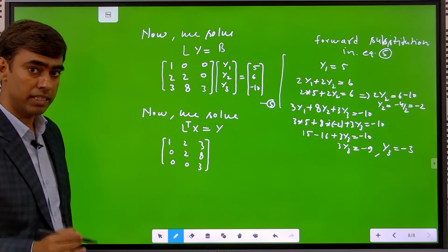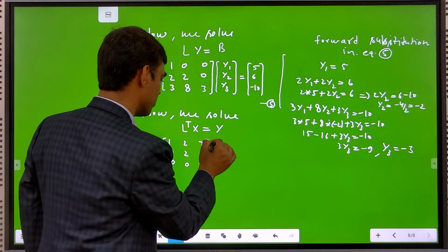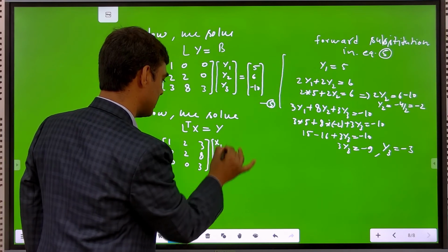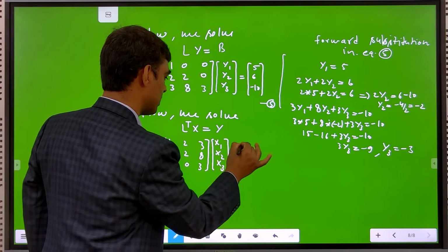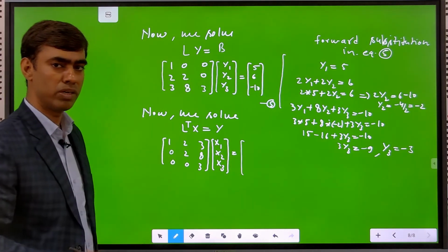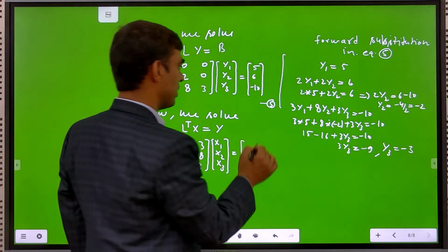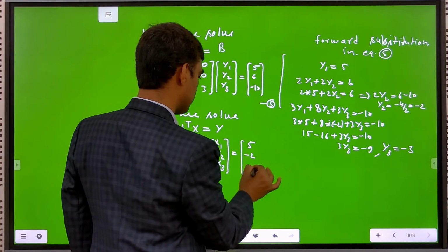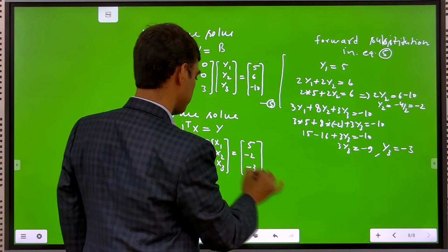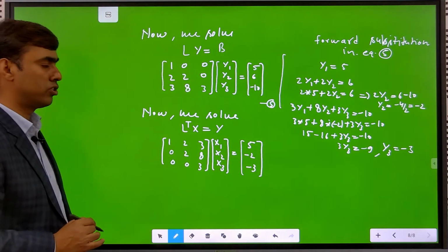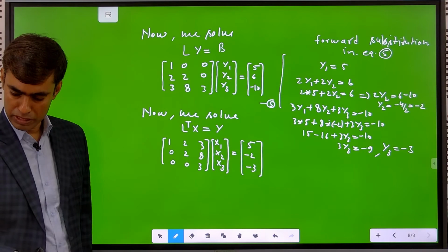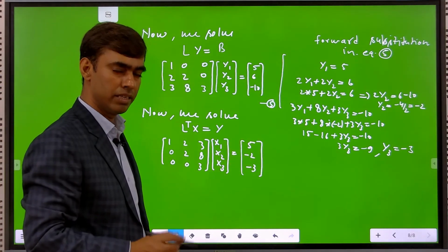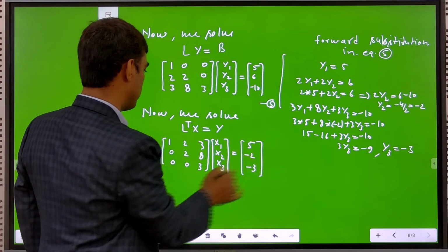And x is the vector of unknowns, x1, x2, and x3. This equals the values of y1, y2, and y3, which are 5, minus 2, and minus 3.